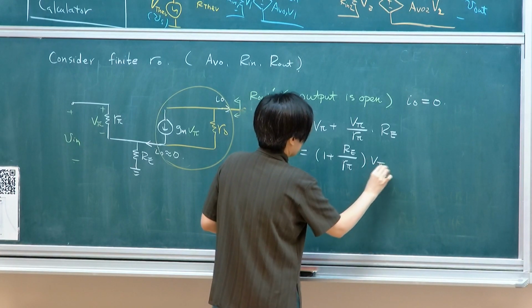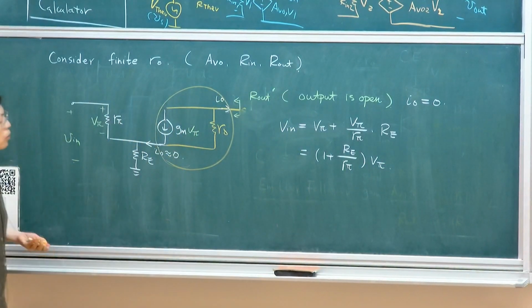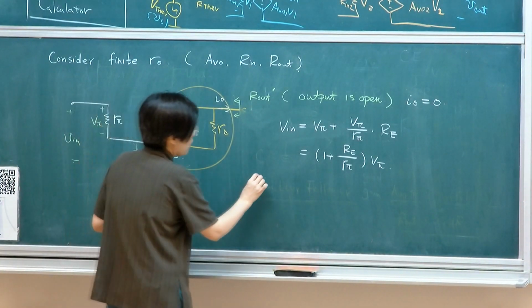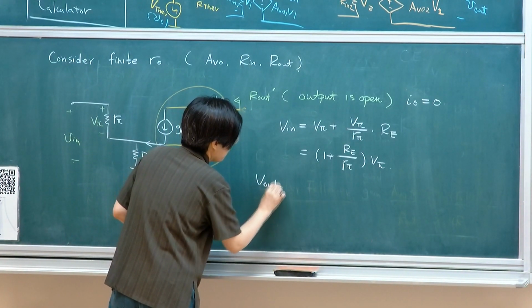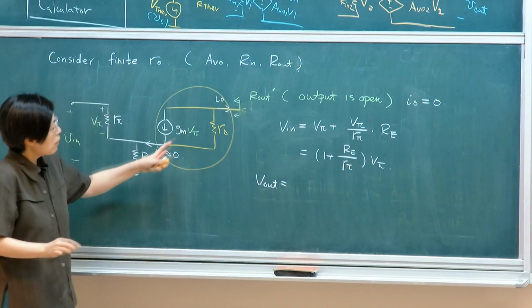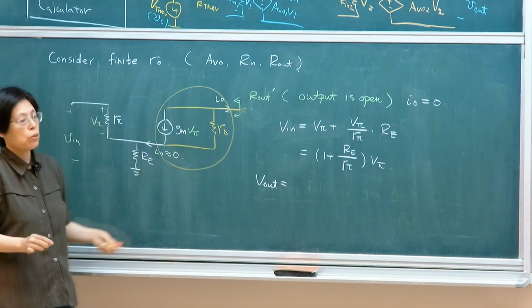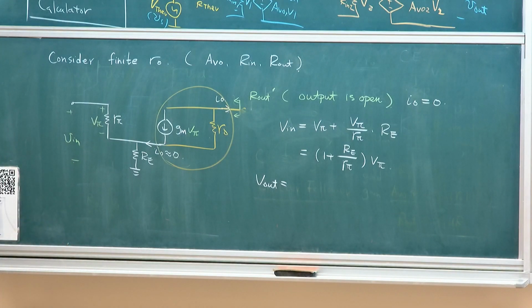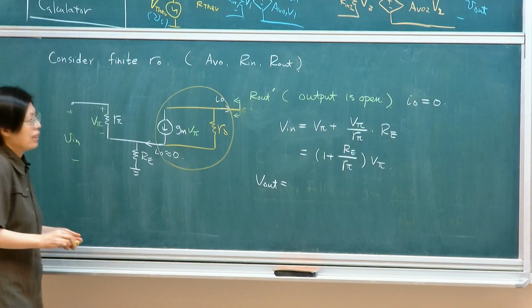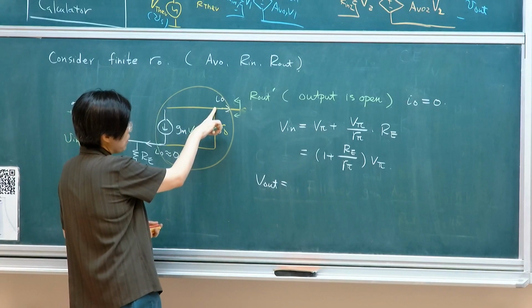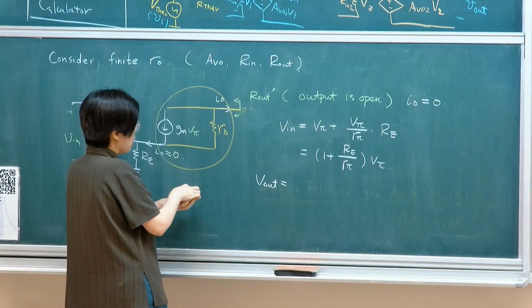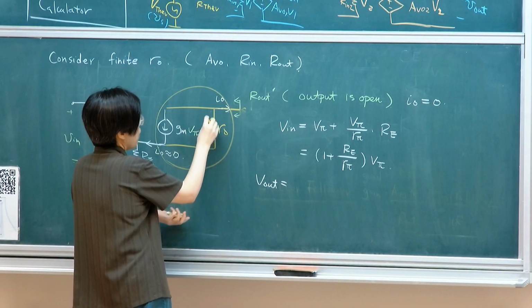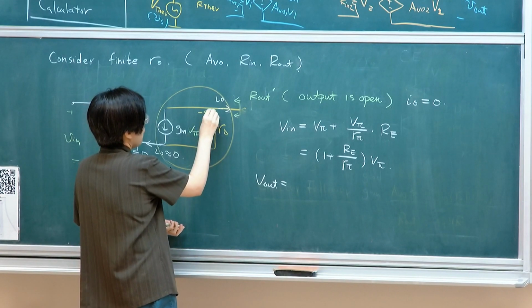And what is the output voltage? Your output voltage will then be the current going through RO. So what is the current going through RO? What do you think? Because this is open, the current going down in this direction is minus GM V pi.